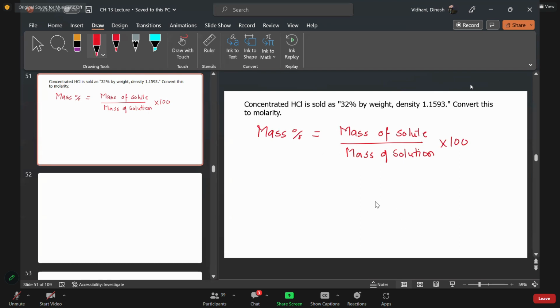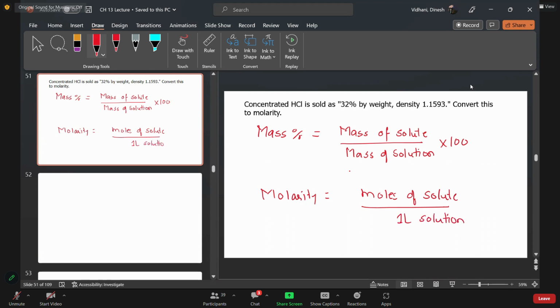So how would you approach this problem? And I'll also give you molarity because that's what you need to find. Moles of solute divided by 1 liter solution. That's going to be your molarity. Now you need to use these two equations to get to the answer.